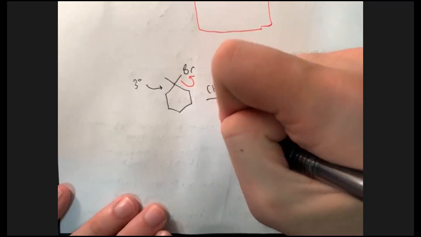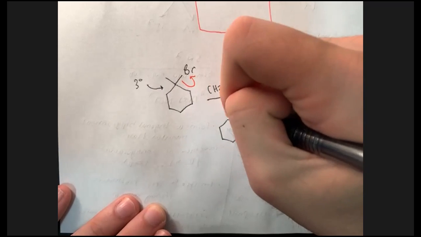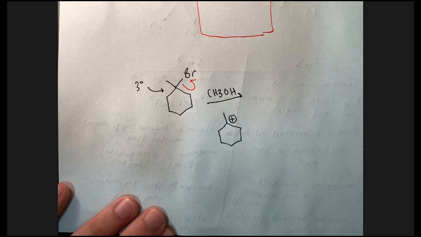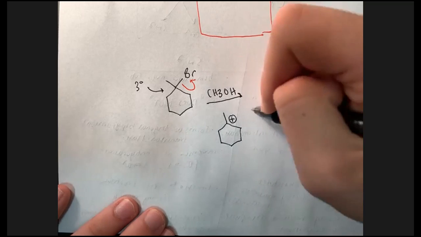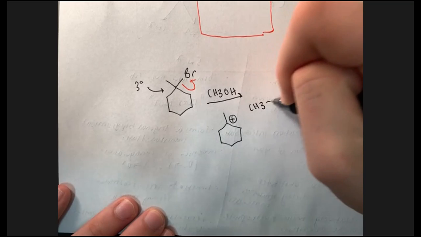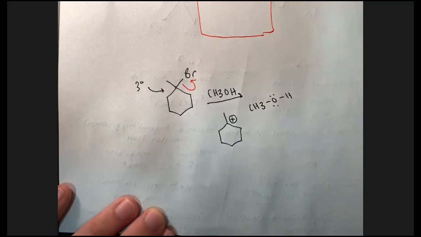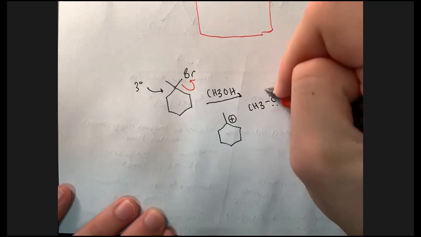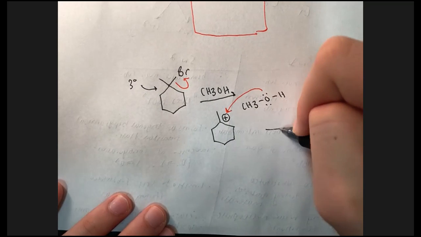So the first step is just this leaving group leaving on its own spontaneously, and you get, where that bromine was, a carbocation intermediate. We've talked about this already. Now your main reagent, your methanol, can come in and attack that deficiency. This is just like an acid-catalyzed ether synthesis reaction.